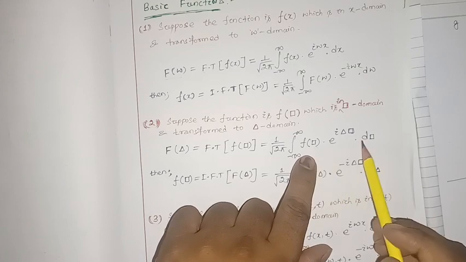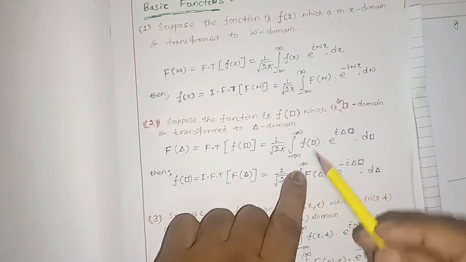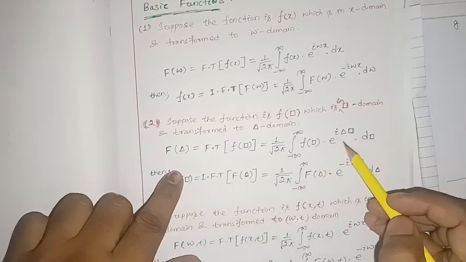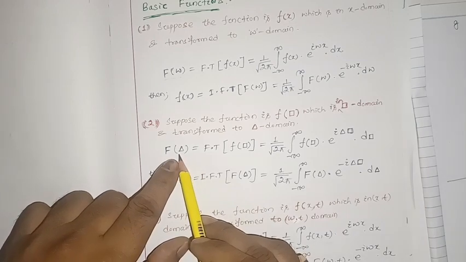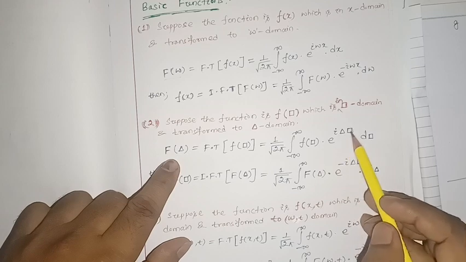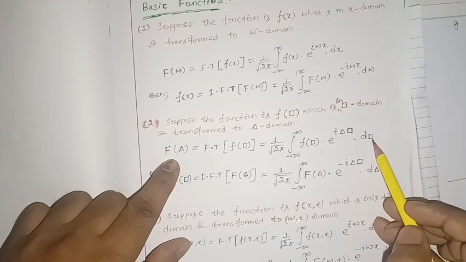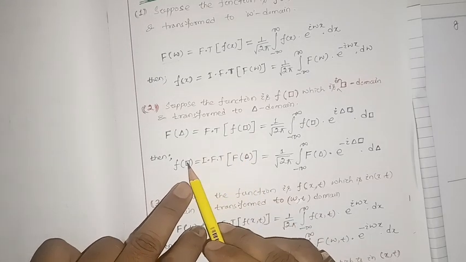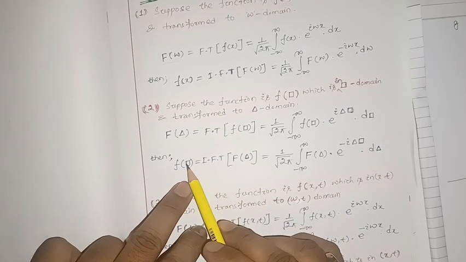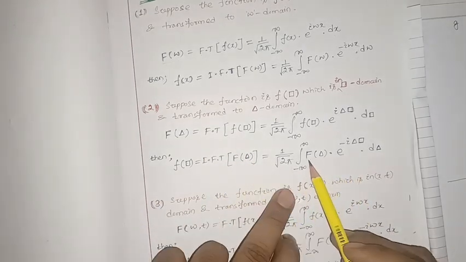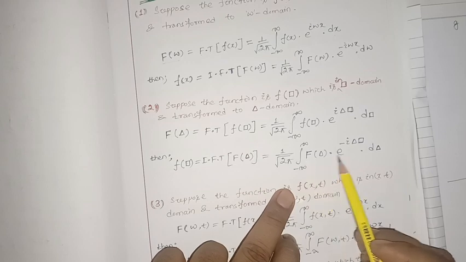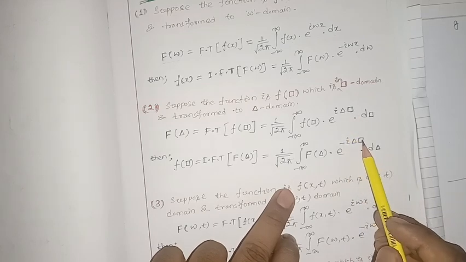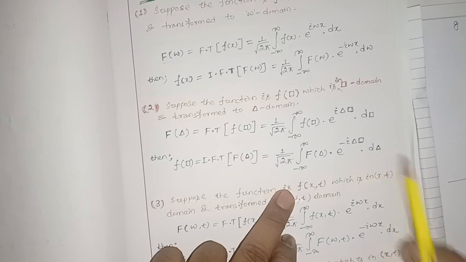After integration, the limits will be put in place of the rectangle, so obviously we finally get another function, which will be a function of triangle: e to the power i triangle rectangle into d of rectangle. The corresponding inverse Fourier transform means the triangle is transformed to rectangle. How are we going to write this? Capital F function of triangle times e to the power minus i, these two variables triangle and rectangle will be there, but the integration will be with respect to triangle.